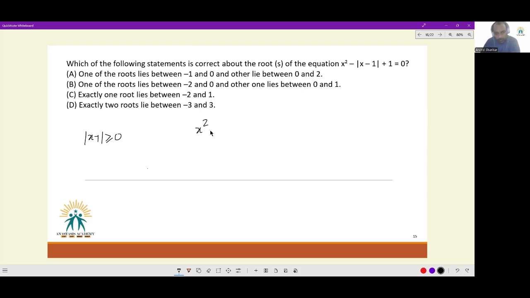We'll have x square minus x is equal to 0, or x times x minus 1 is equal to 0. So this gives me two potential values of x: 0 or x equal to 1.